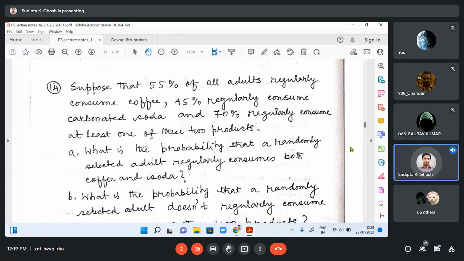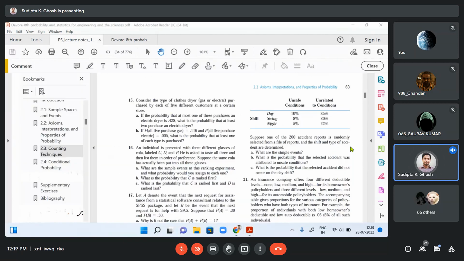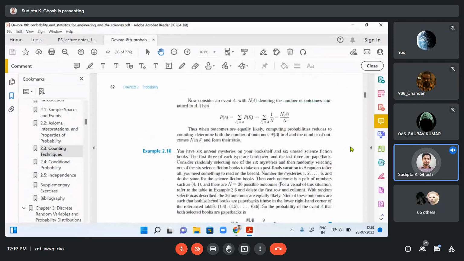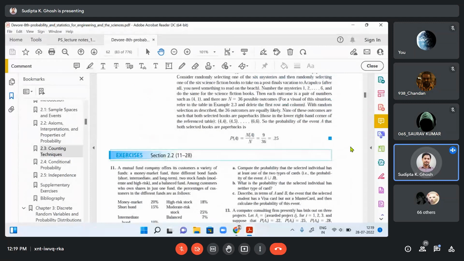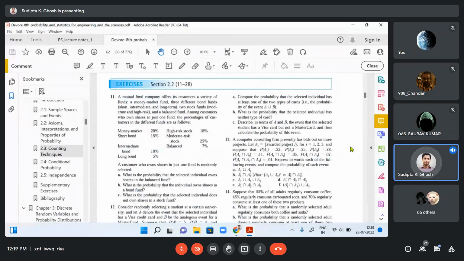Whenever I'm reading the problem, we want to understand the lines one by one. The problem that I have given, I have taken from the exercise. What about example 13?